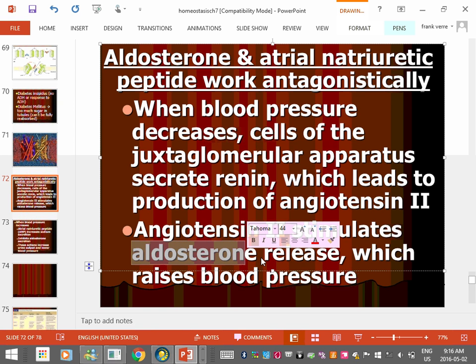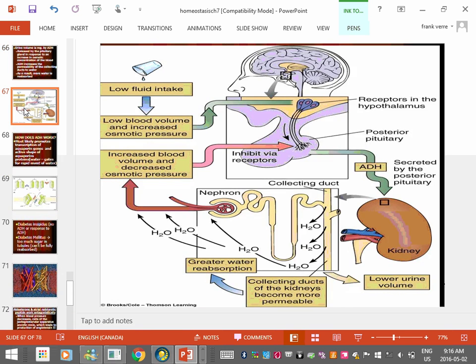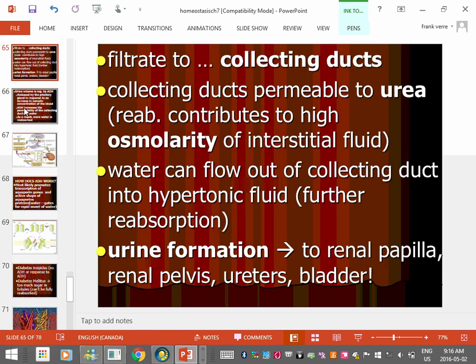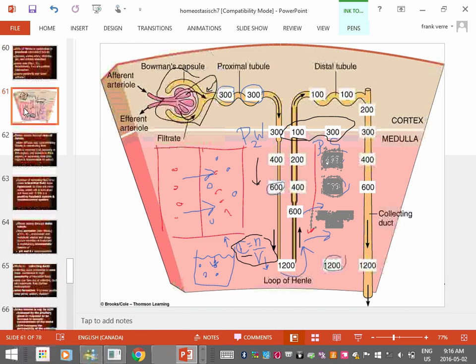Now, what aldosterone does, and you're going to see if you can figure out why this would increase blood pressure. Remember, this is in response to low blood pressure. One of the things that happens is a hormone called aldosterone gets released, and it comes from the adrenal glands, which sit on top of the kidneys.